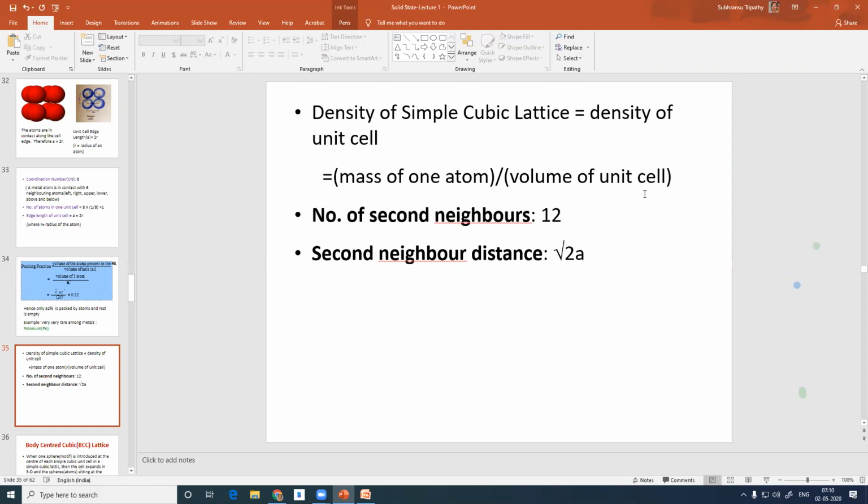When the unit cell is translated in all directions, that gives rise to the crystal lattice. So whatever will be the density of a single unit cell, same will be the density of the entire crystal, because the crystal is a repetition of identical unit cells, and the surrounding of every sphere is identical everywhere. Coordination number is same everywhere, right?